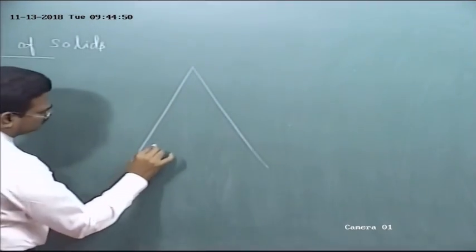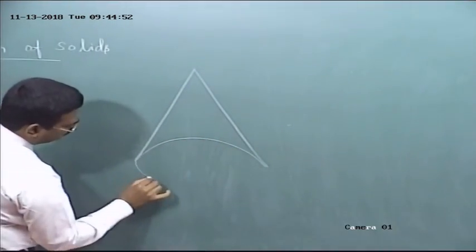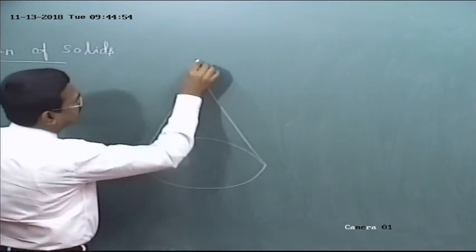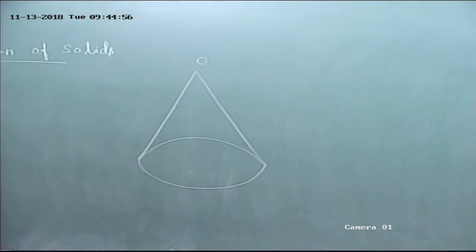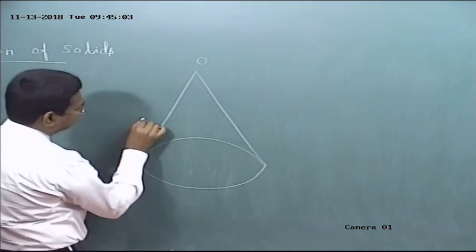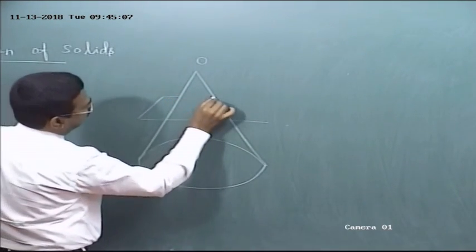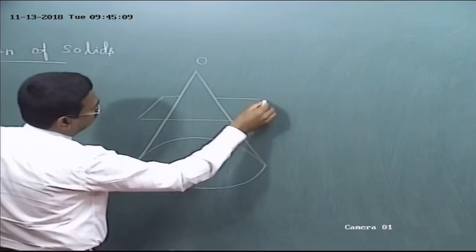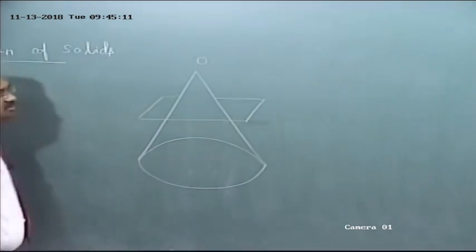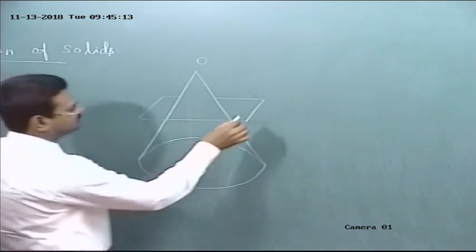The cone has a circular base and a vertex. Usually the vertex is denoted by the letter O. Imagine it is cut by a cutting plane. What is this?